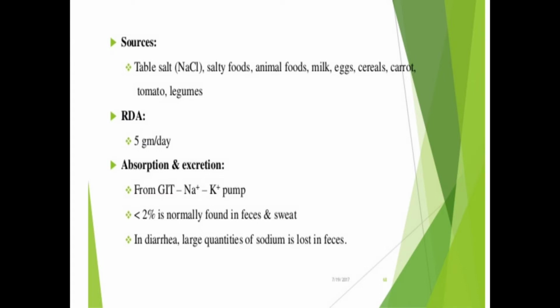In diarrhea a large quantity of sodium is lost. That is the reason why oral rehydrating agent, ORS, or table salt with lime is given during diarrhea, because sodium is lost. More and more sodium lost affects the kidney and drops the blood pressure. So sodium is very important.